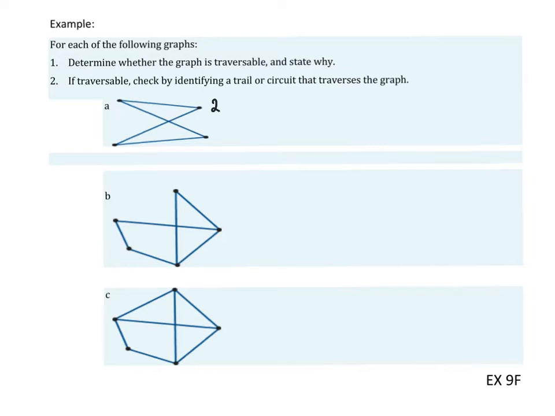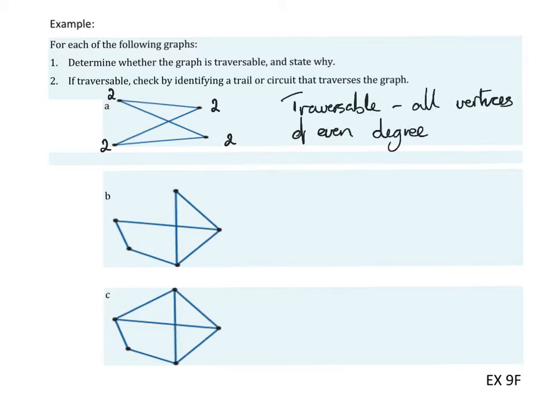So 2, 2, 2 and 2, which really means there that all of our vertices are even, so it is traversable. So it doesn't matter where I start really, but what I need to do is go through every edge only once. So if I started from here and went that way and then along that one and then that one and then I go back to where I started from, I have crossed every edge in that graph only once.